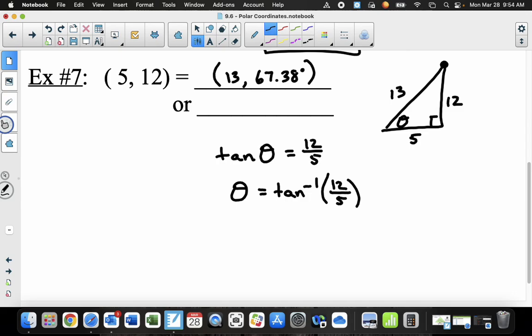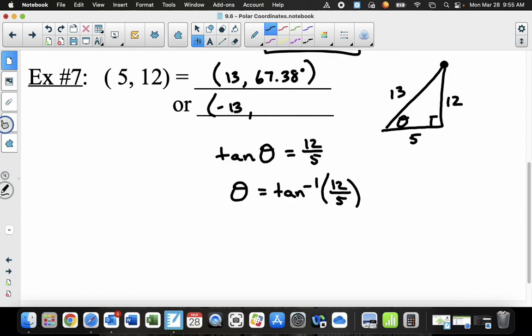And now if I wanted to come up with a different way of coming up with that same point, let's say we change the radius to be a negative 13. What would I have to do to find the angle measure then? There's a couple ways you could do it. If that's a 67 degree angle approximately, how do I find the one that's opposite that?